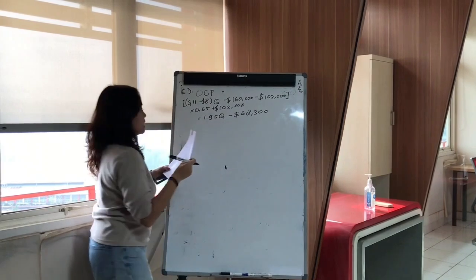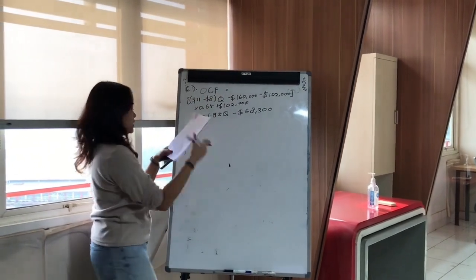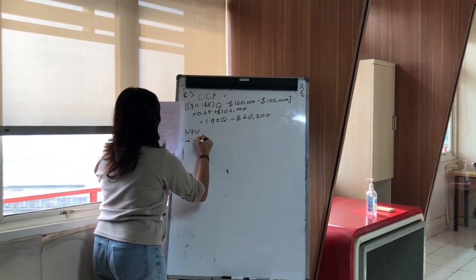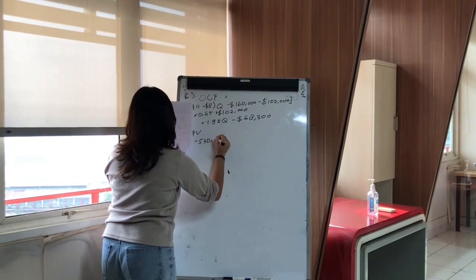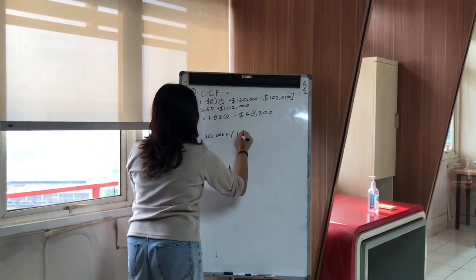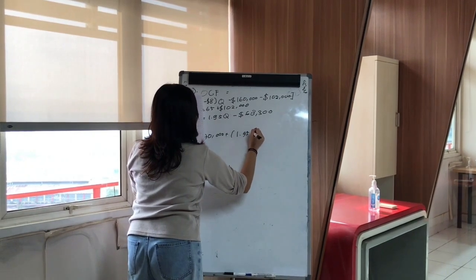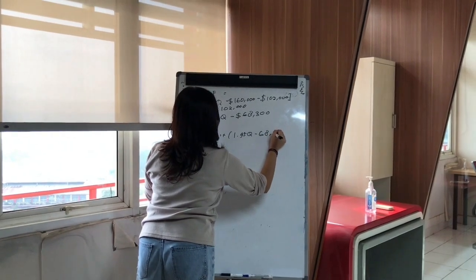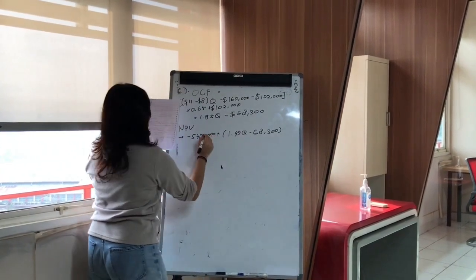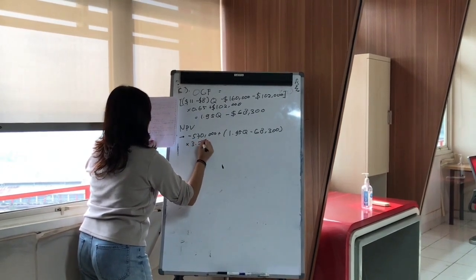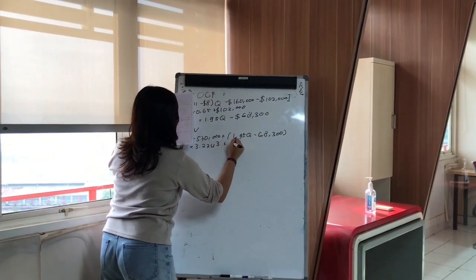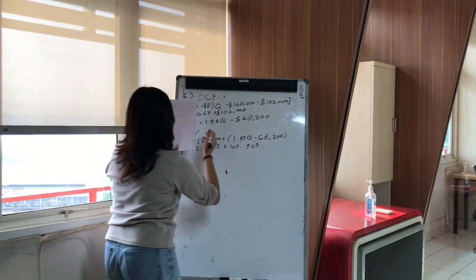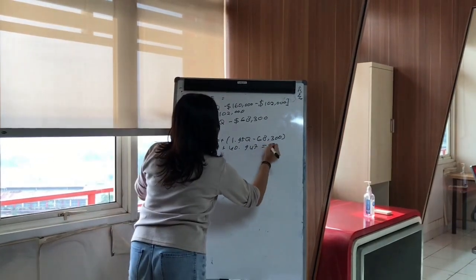Now we will substitute the OCF into the NPV. With this, we got minus 570,000 plus (1.95 Q minus 68,300) times 3.2743 plus 40.947, and all of it is equal to 0.